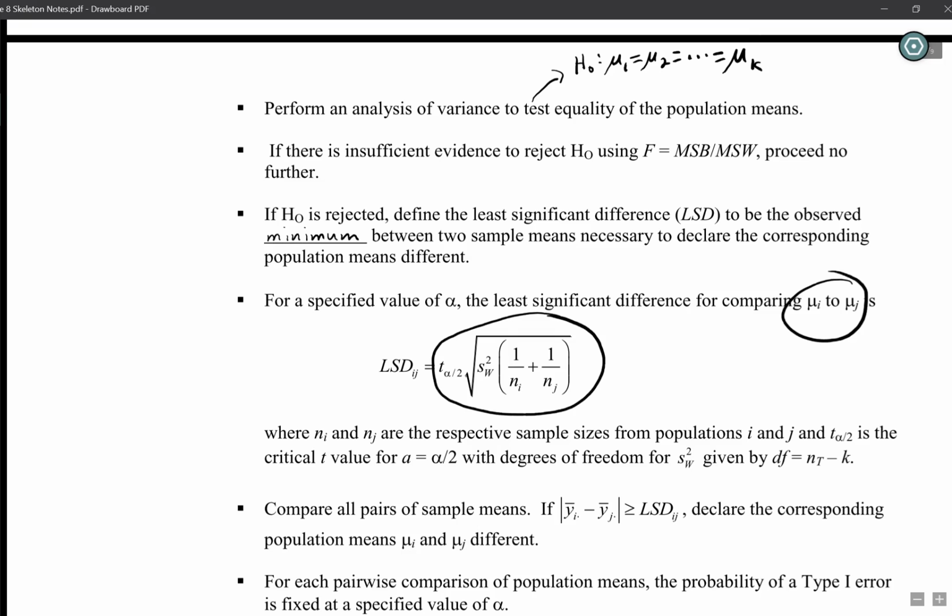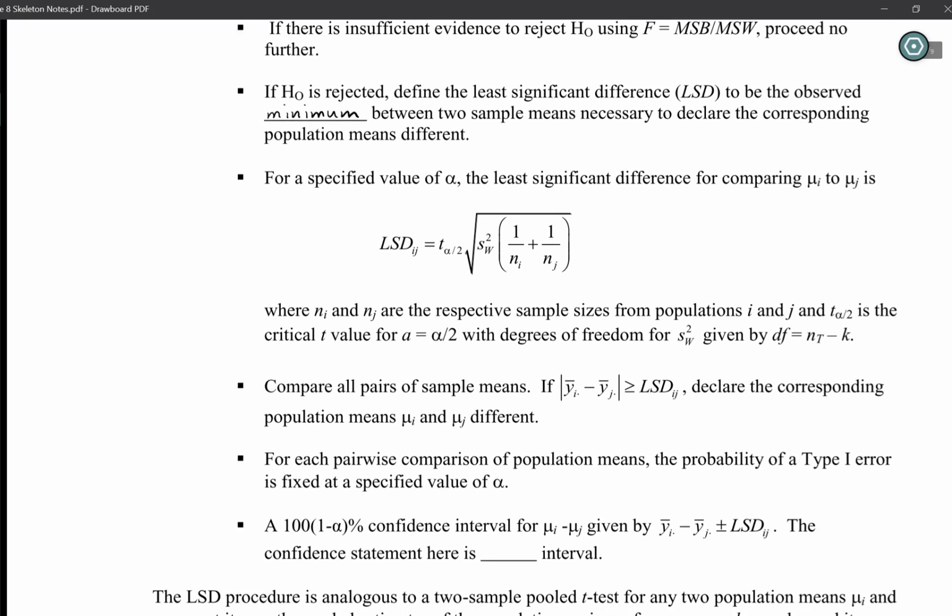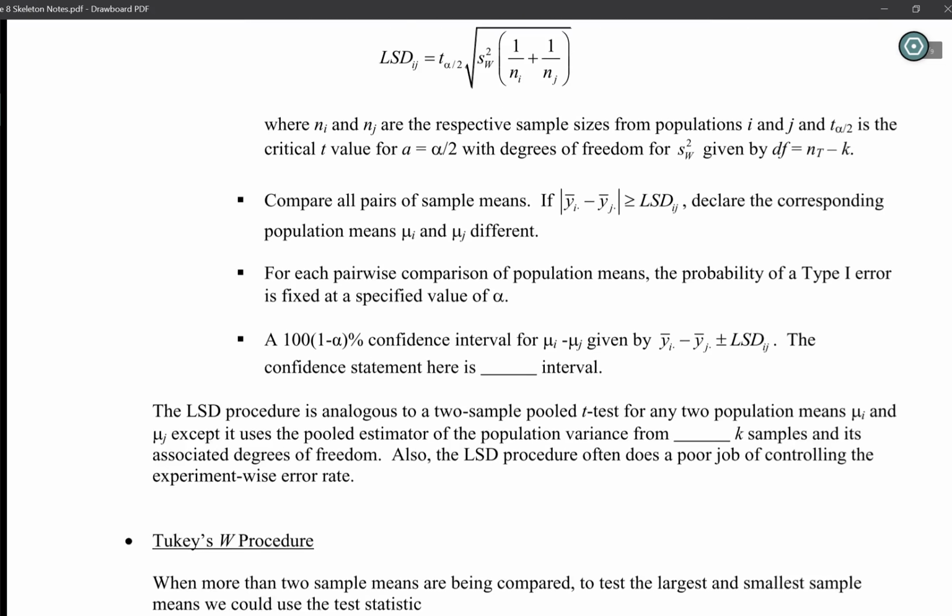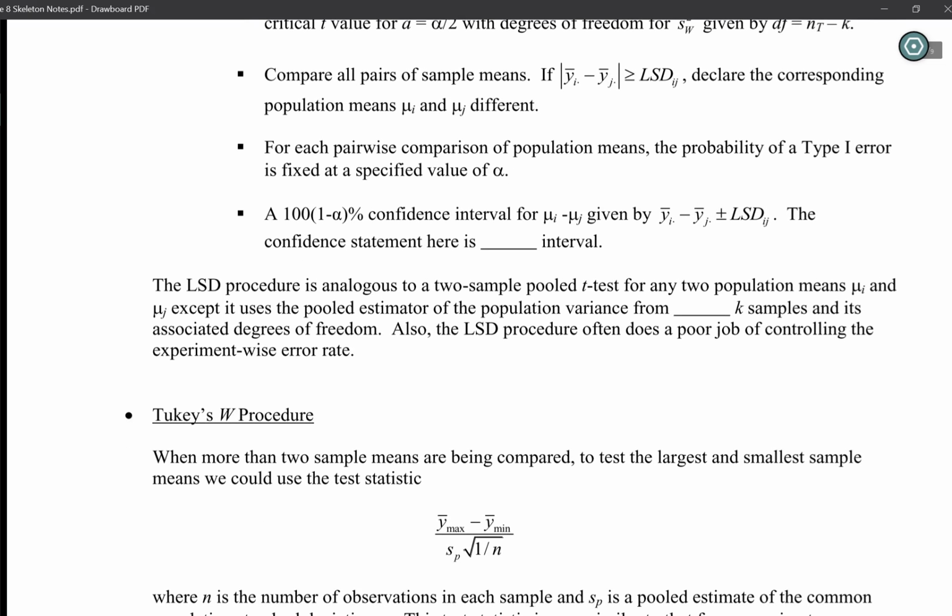Okay, so we can get those readily for a given procedure, and then what we do is we compare the pairs of sample means in this way. We take the absolute difference and we ask the question, is it bigger than this LSD, the least significant difference? And if it is, then we're going to declare that those population means are different, or that those two sample means are statistically significant. All right.